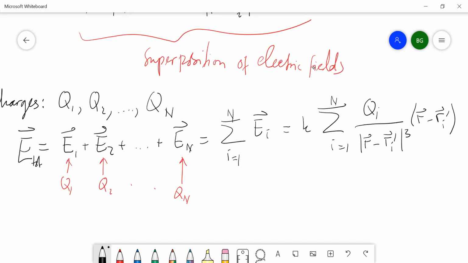That's general for many charges, the total electric field of n charges in a system. Are there any questions?